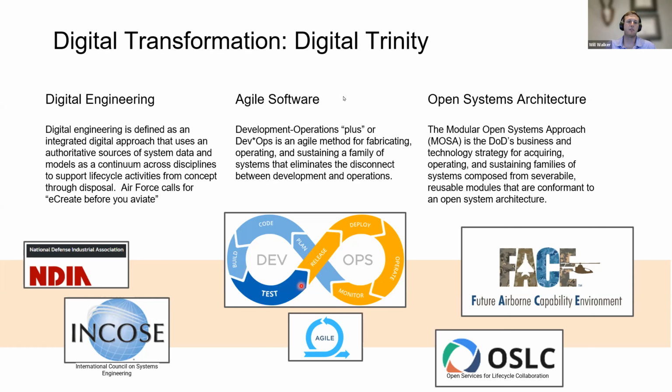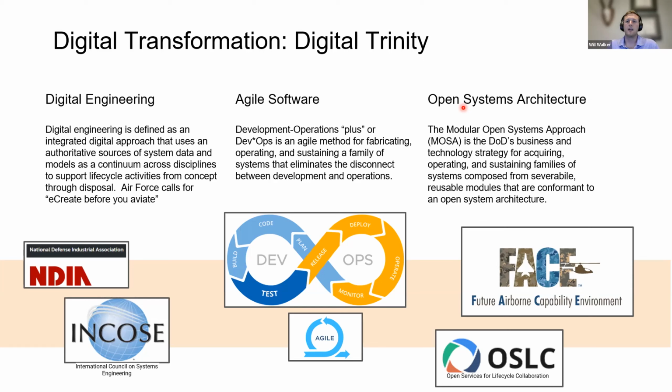It's that culture shift that Jeff was talking about earlier. The last part of the digital trinity is open systems architecture, which is talking towards standards. Basically, we don't need to silo all of our resources and models apart from one another, because ultimately we want to connect them very easily and use them for a bigger system, or a system of systems.